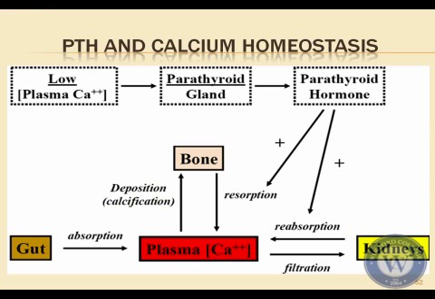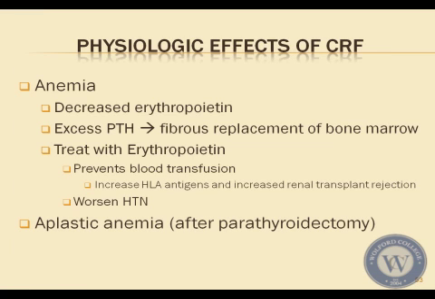Parathyroid hormone and calcium homeostasis is important for the kidney. The kidney controls reabsorption of calcium by parathyroid hormone, as well as a degree of reabsorption from the bone. Physiologic effects include anemia, which leads to a decrease in erythropoietin. This excess parathyroid hormone increases fibrosis and replacement of bone marrow.